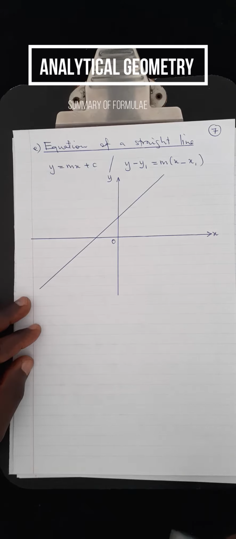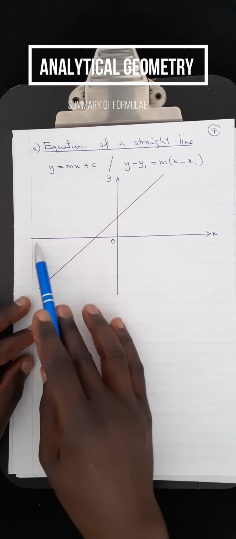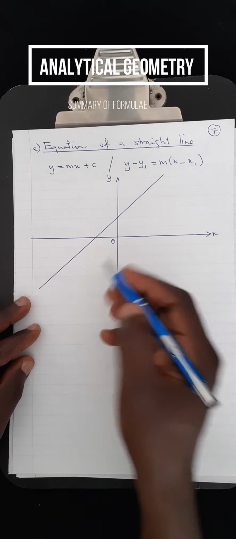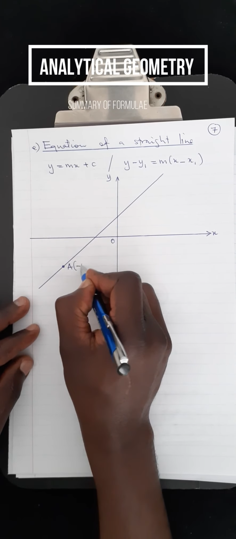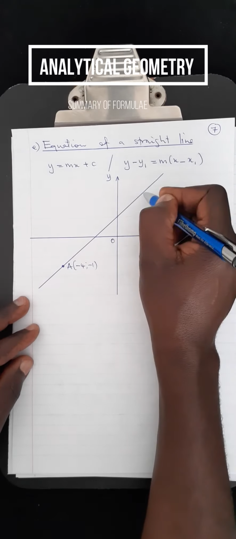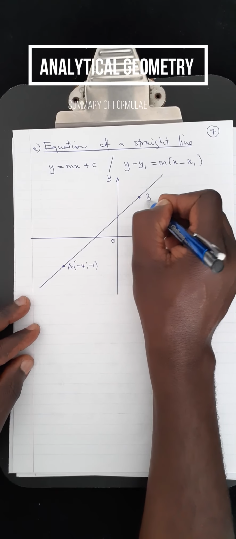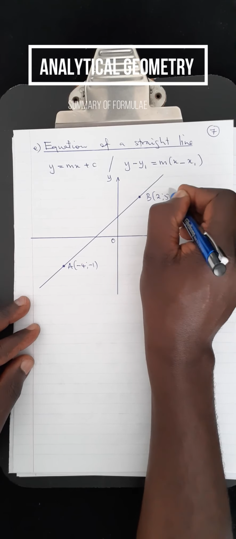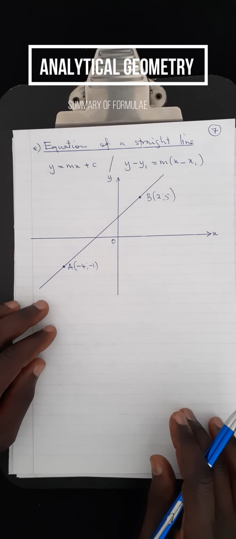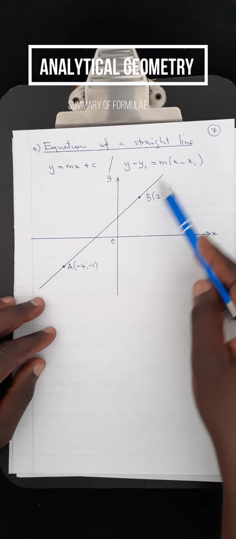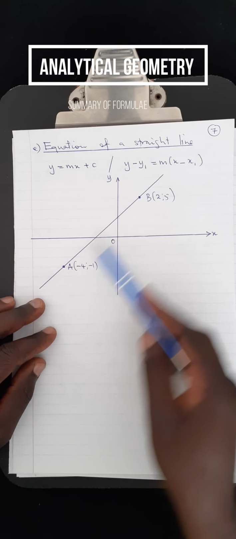So I've drawn the x-axis, the y-axis here. Let's say I've got my points. I'm going to use the same points, A(-4, -1) and B(2, 5). Okay, so the question is, what is the equation of that straight line?